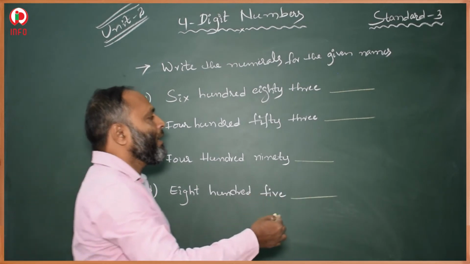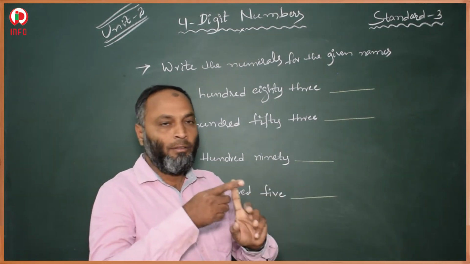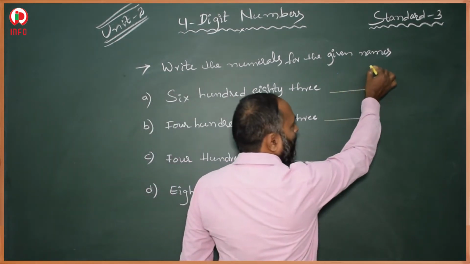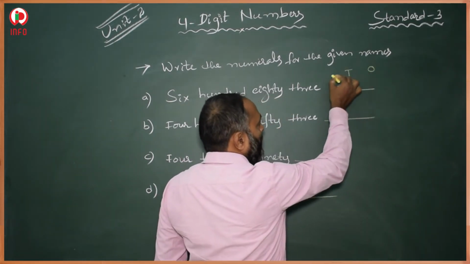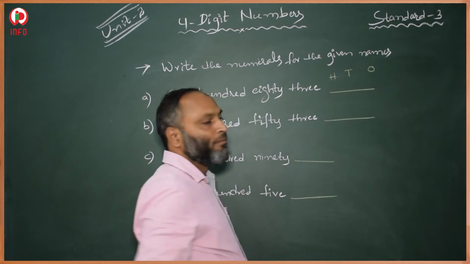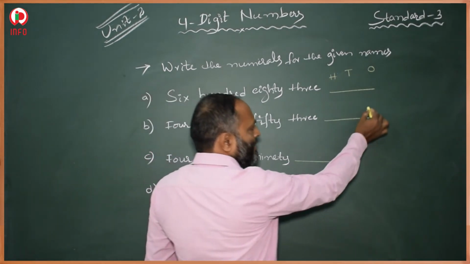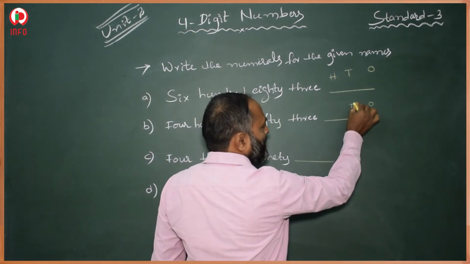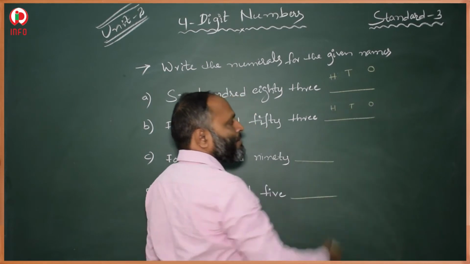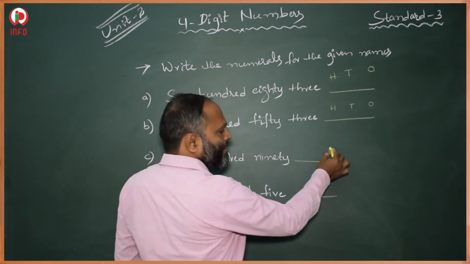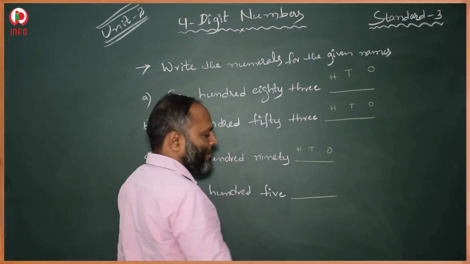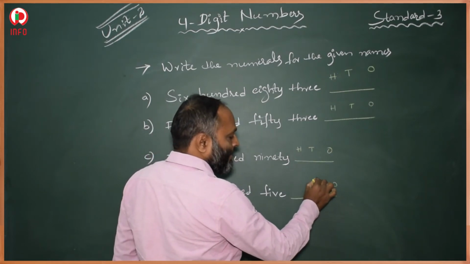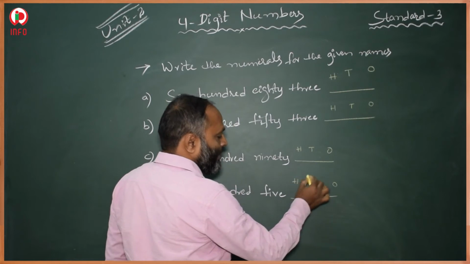When 3-digit numerals are given, first we have to write the ones place, tens place, hundreds place.